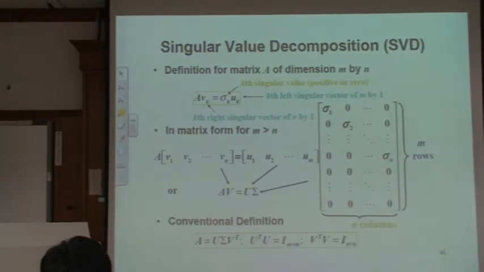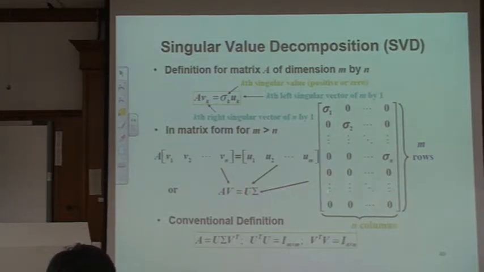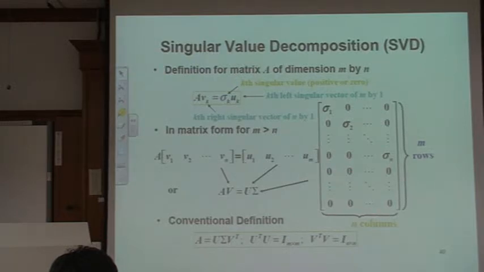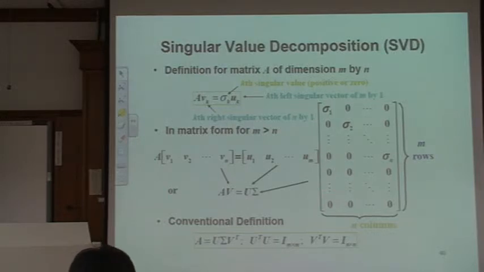Now if we consider the case m greater than n, we can write this in matrix form, like here. A times V equals U times sigma. You can see the sigma matrix consists of the singular values here, and all the rest of the rows and columns are 0. Understand?